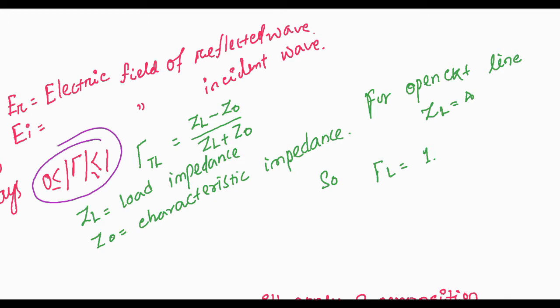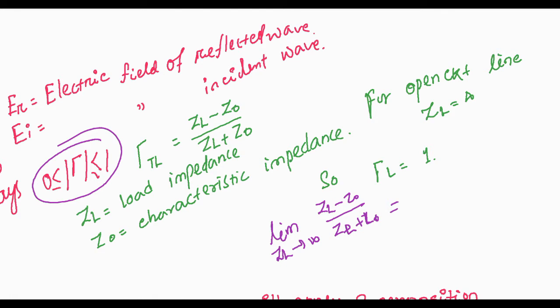So if we write the limit ZL tends to infinite, ZL minus Z0 by ZL plus Z0 will be infinite by infinite form.